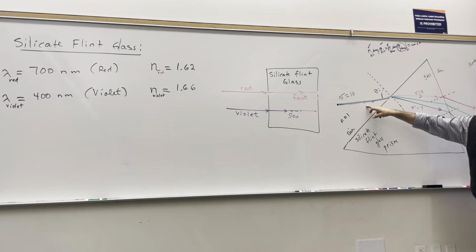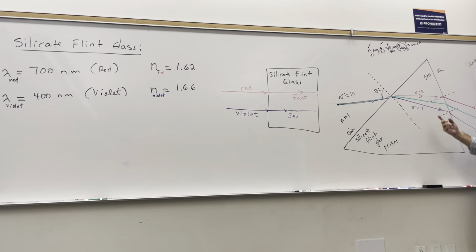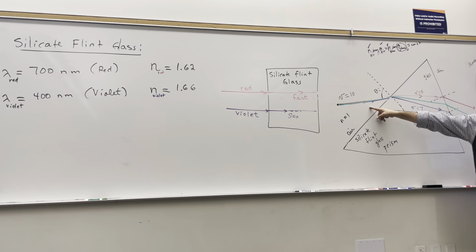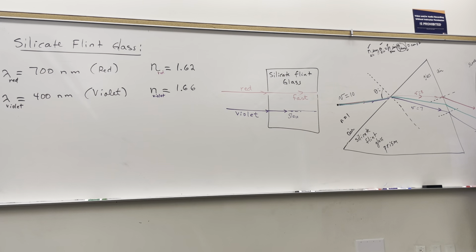So it went from 10 to 8. But the violet one is traveling at 7 compared to when it was initially traveling at 10. So it actually slowed down more than the red. So it refracts more. Yes? That's another way of thinking about it.